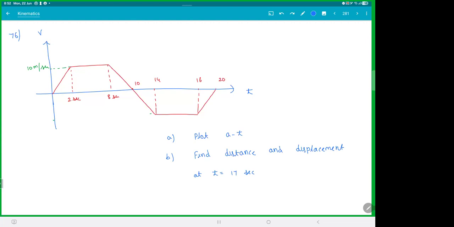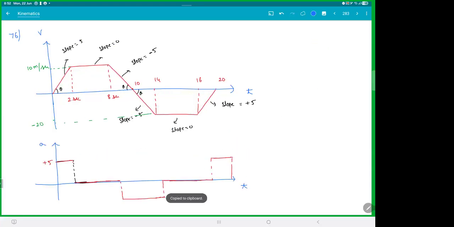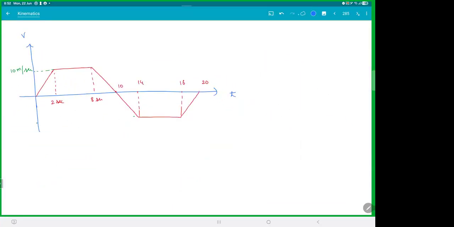Yeah, let's see how to do this. So let's go step by step for the first part.